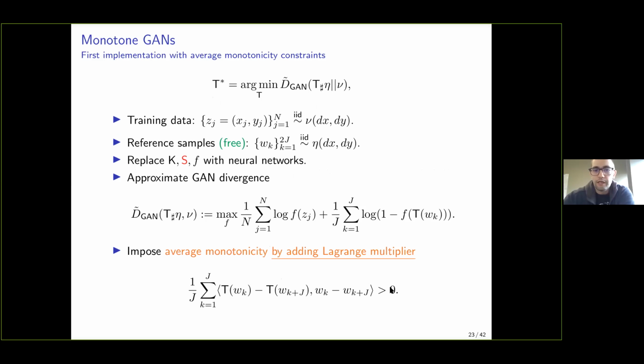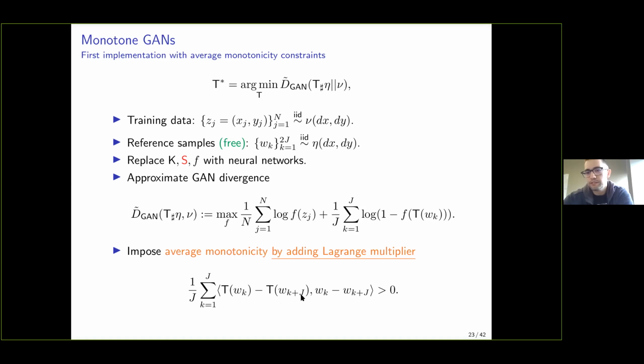To implement this in practice, I'm going to put a tilde on my GAN loss, meaning that I'm going to discretize the expectations just by replacing them with empirical sums. We put neural networks on K, S, and F, as is done in generative models in GANs. And the monotonicity, for now, I'm going to impose as average monotonicity by basically asking this constraint to hold, okay?